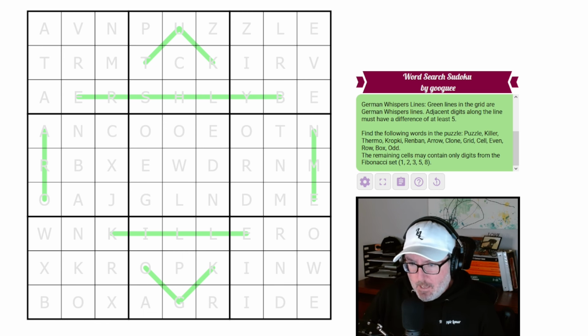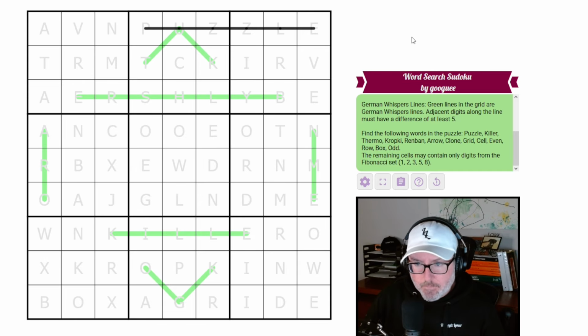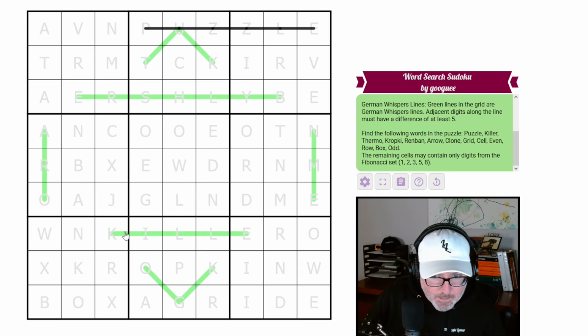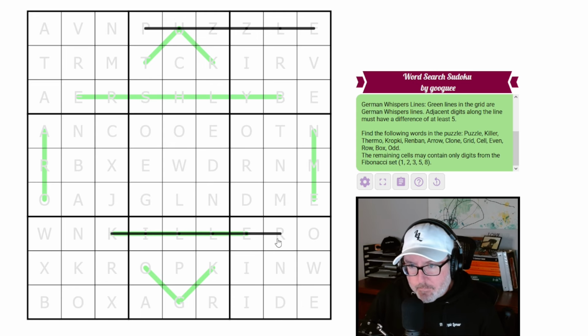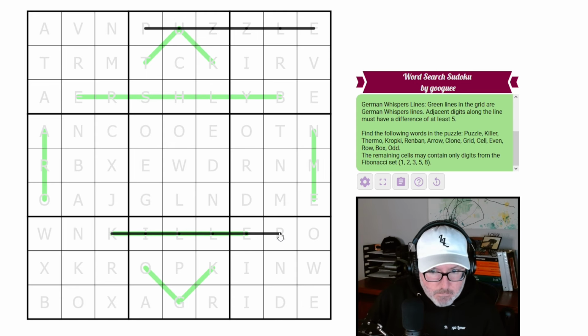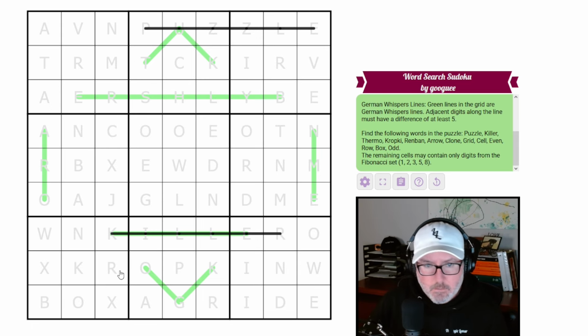All right, I'm going to put on my pen tool real quick, and I think I'm going to use black. Now we have puzzle right here. Let's find the rest of them. There's killer. We need Thermo, Kropki, Renban. It's a little bit light, at least on my screen, but I think it reads better on the other screen.